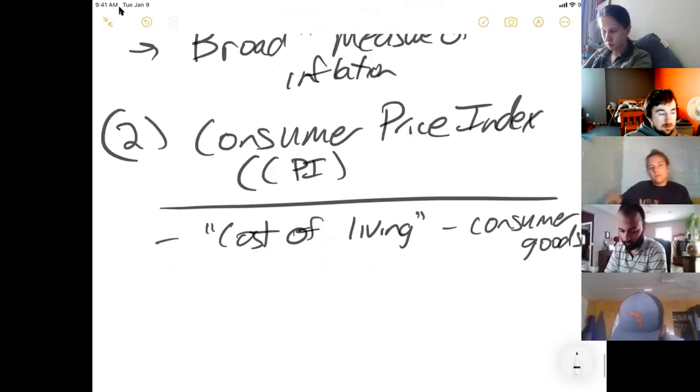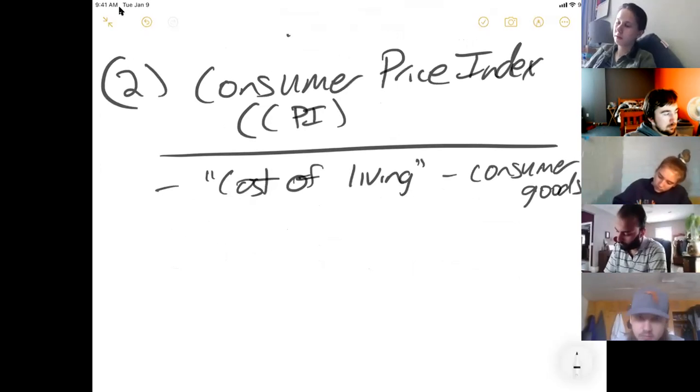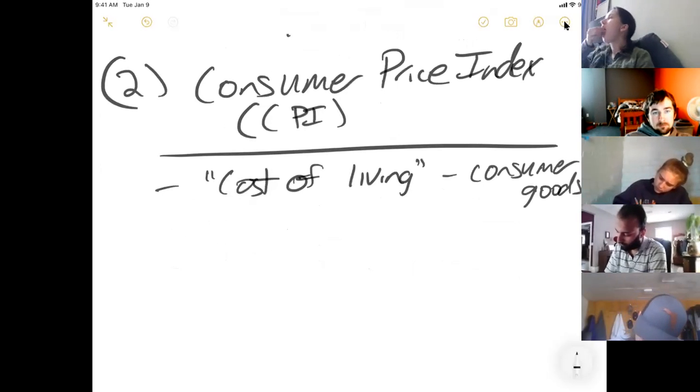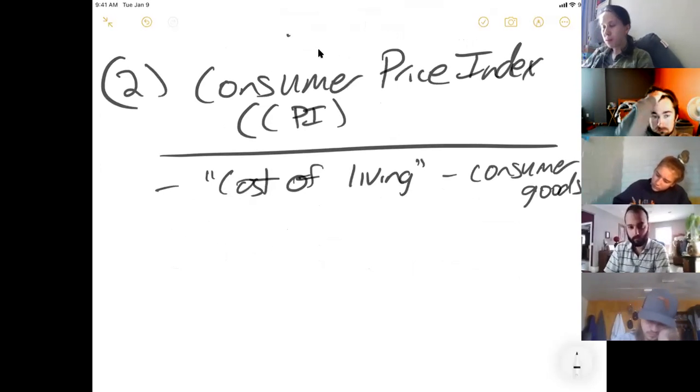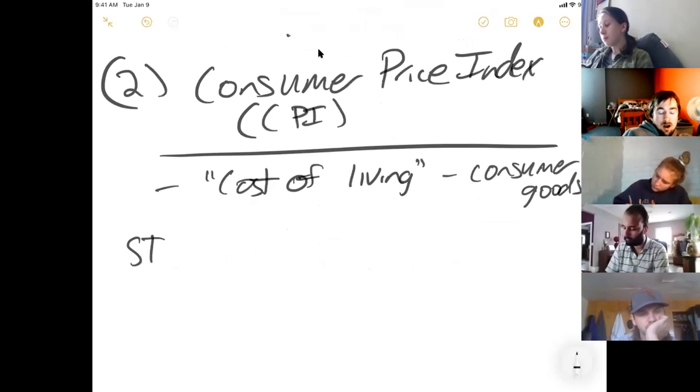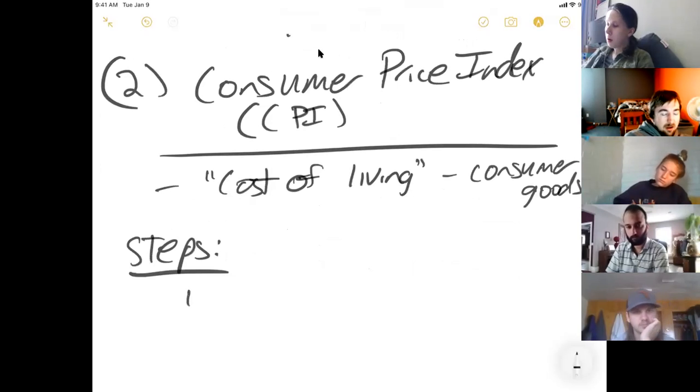So let's talk about how the consumer price index works. But in many ways, it actually, as we're going to see, is not dramatically different from the aggregate price index, right? So how do we calculate this?